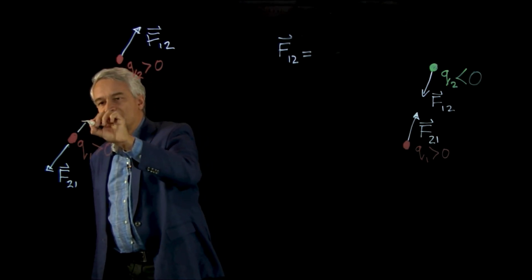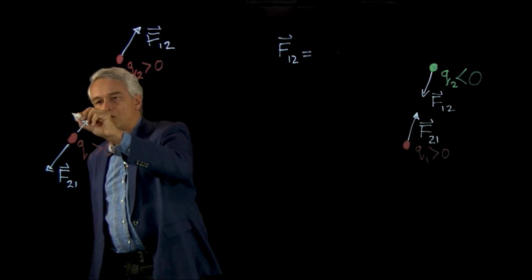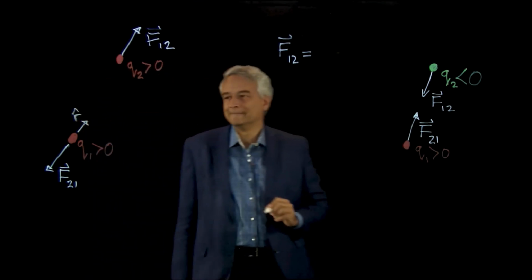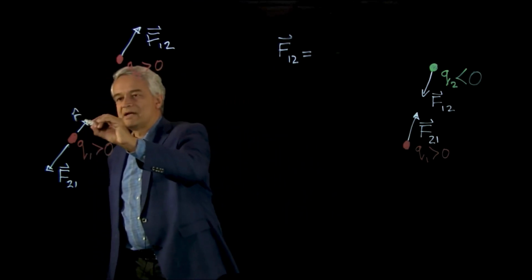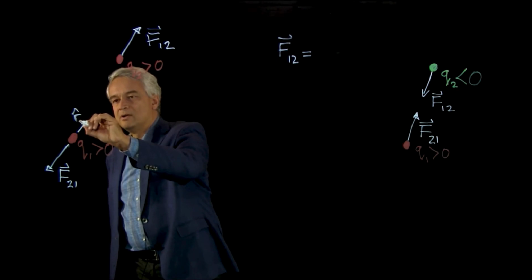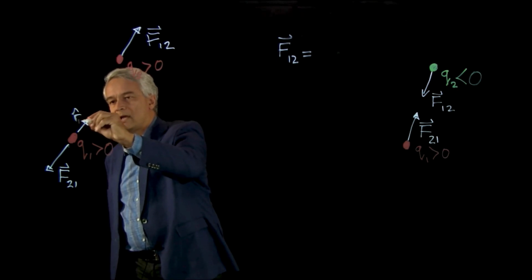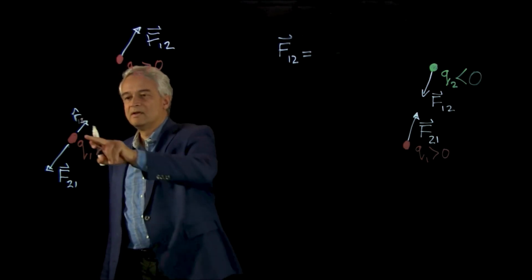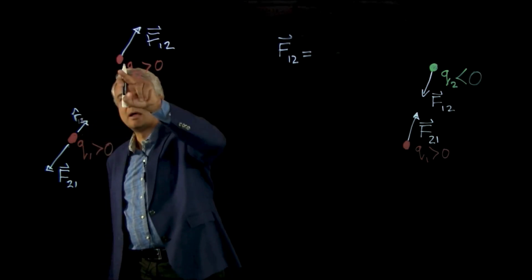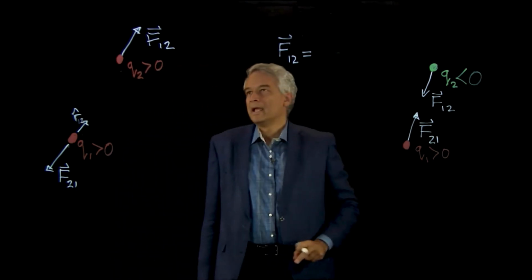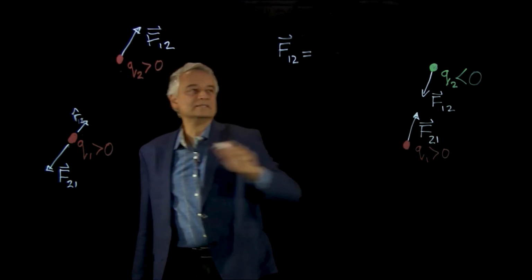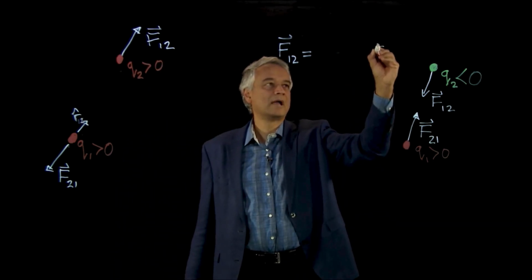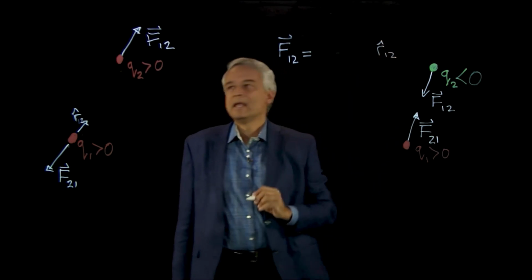I'm going to call it r hat, and in fact, I'll call it r hat 1, 2. R hat 1, 2 is a unit vector pointing from 1 in the direction of 2. And F12 is in the direction r hat 1, 2.